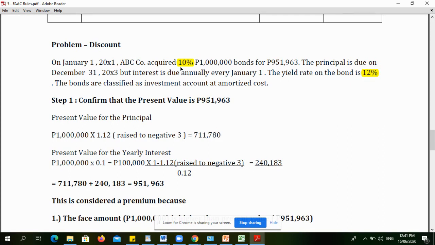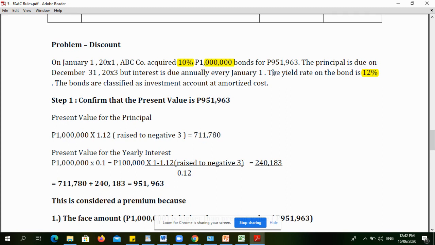Yung 10%, this is the stated rate. Okay? Ang mapapansin nyo, ang stated rate, ito yung malapit sa face amount. Palagi siyang malapit sa face amount. So, yun ang clue nyo para malaman yung stated rate. Malapit siya sa face amount, which is 1 million pesos.